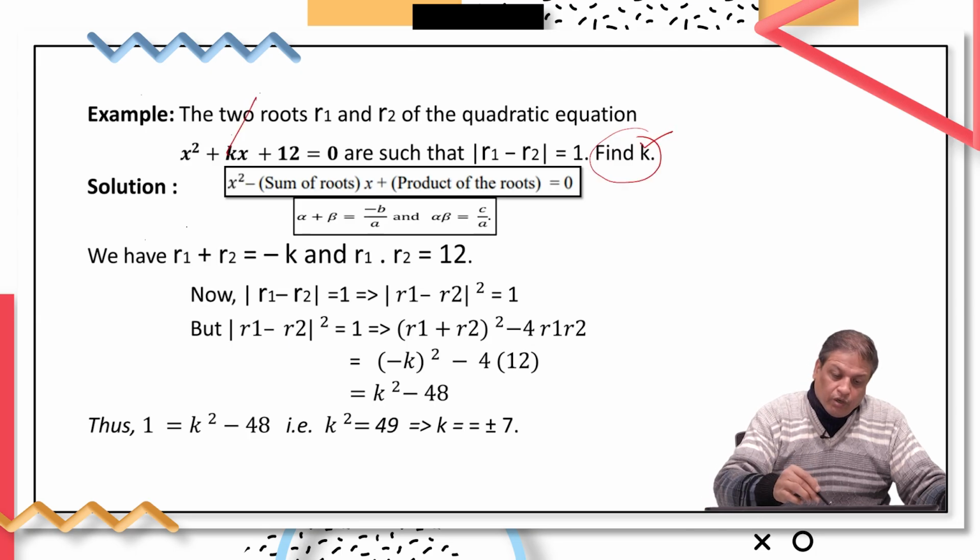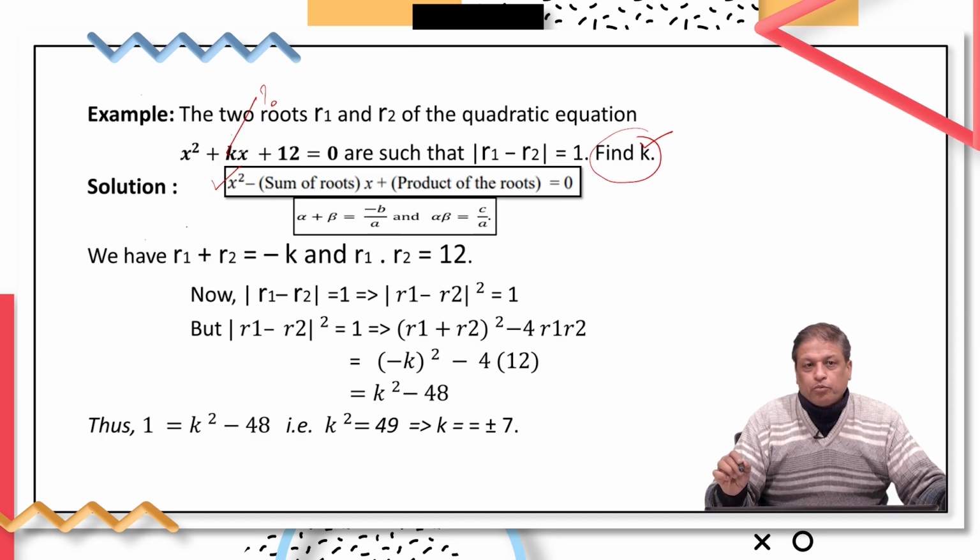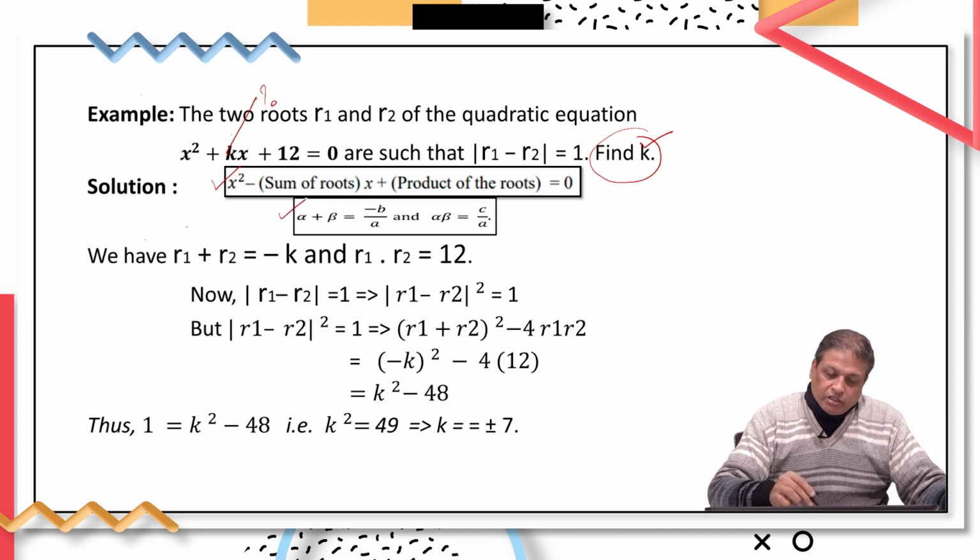We are not aware of what k is. We already understood that if roots are given and you are supposed to formulate the quadratic equation, then the procedure is x square minus sum of roots into x plus product of roots is equal to 0.